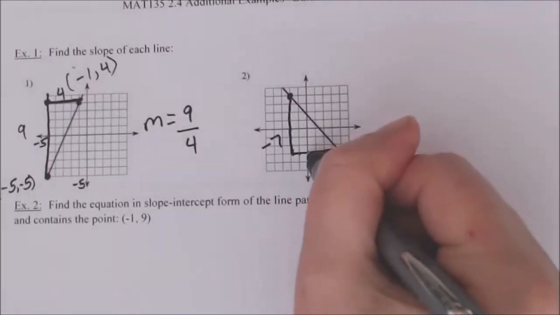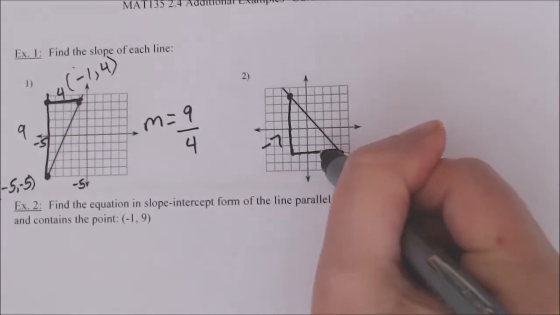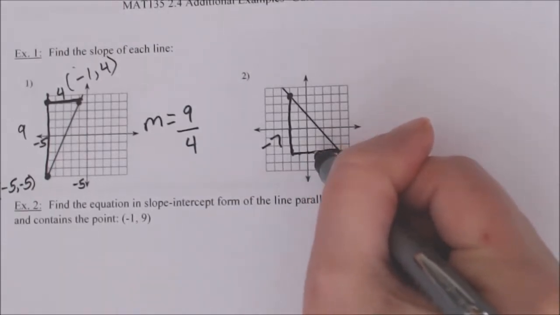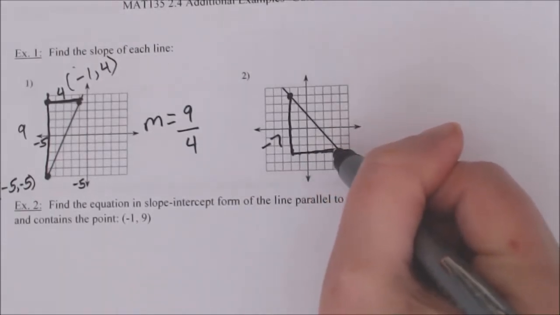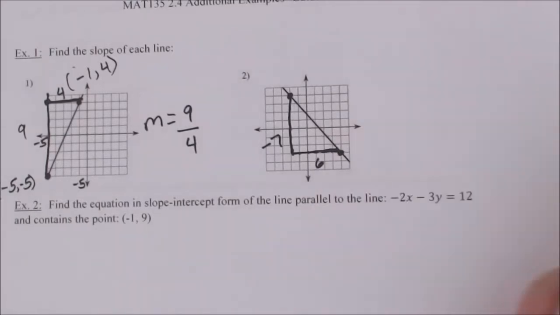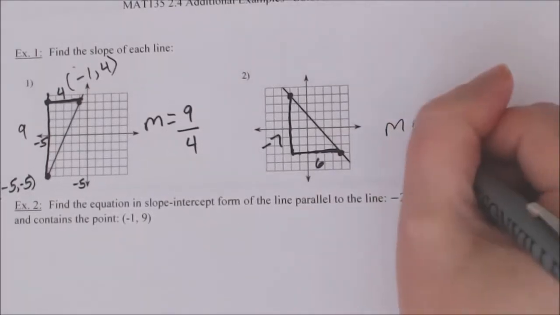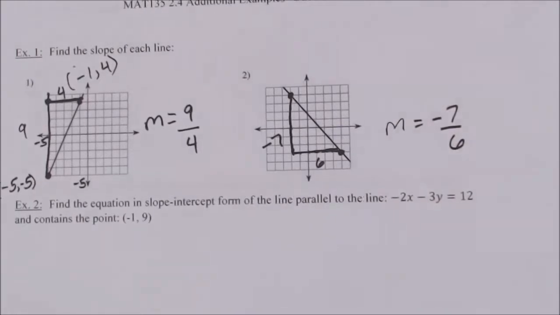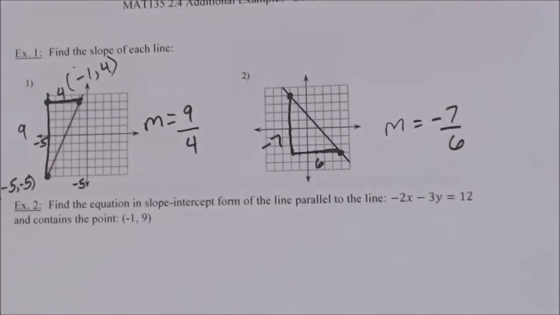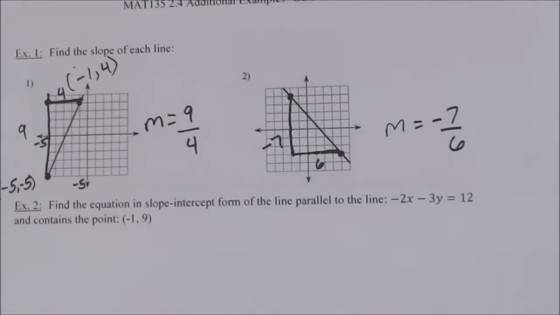And then to the right, 1, 2, 3, 4, 5, it looks like 6. So our slope there is going to be -7 over 6, but make sure you see it was negative because we had to go down. Always make sure your slopes match what the line is doing. If the line is increasing, it needs to be positive. If the line is decreasing, it needs to be negative.